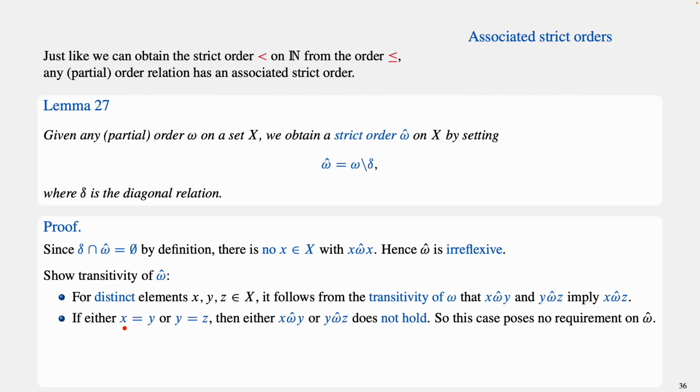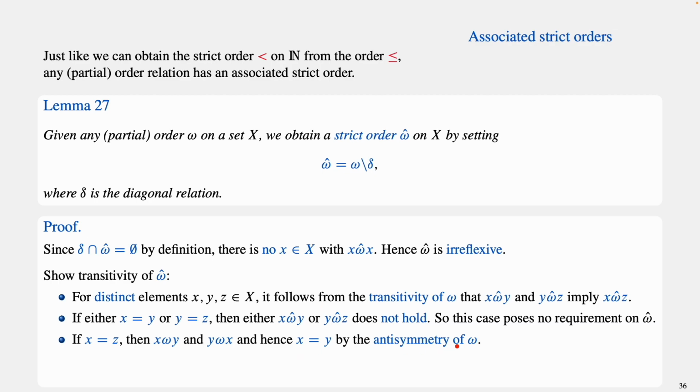Now if we have the case that either x is equal to y or y is equal to z, then either x omega hat y or y omega hat z does not hold. So in this case, there's nothing to prove for omega hat because one of these relations is not true, so we would not get the case where we have to show transitivity. And if x is equal to z, then x omega y and y omega x hold in our original order omega.